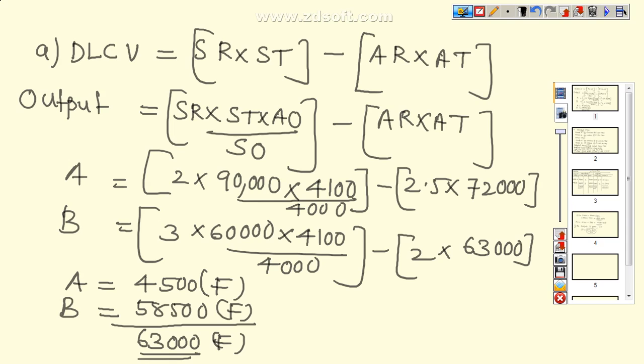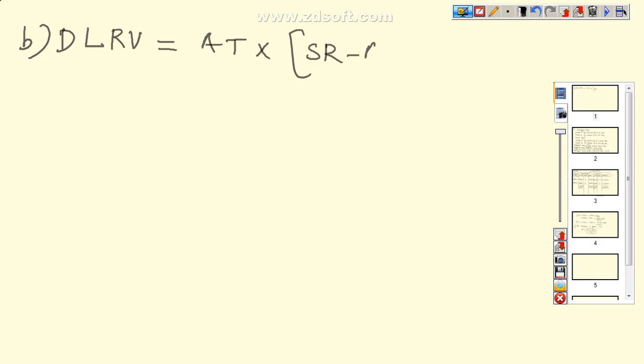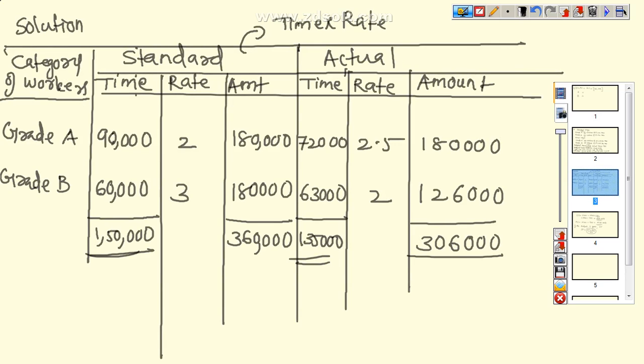Now, after calculating this, next we have to calculate direct labor rate variance, that is equal to actual time multiplied by standard rate minus actual rate. There is no standard time in this equation, so we don't have to change it. So there are two grade workers A and B, and actual time we have already calculated, 72 and 63.